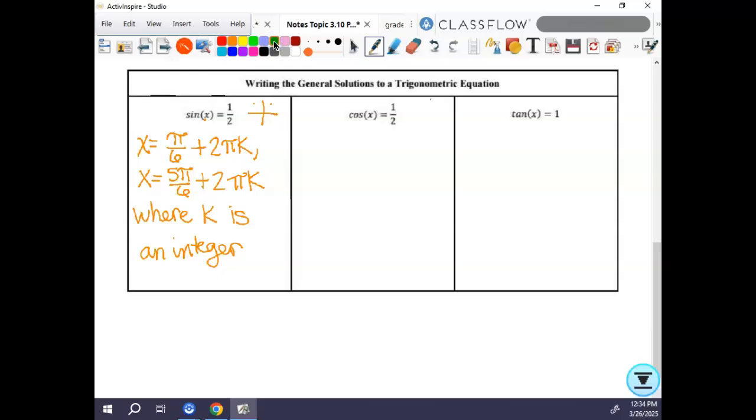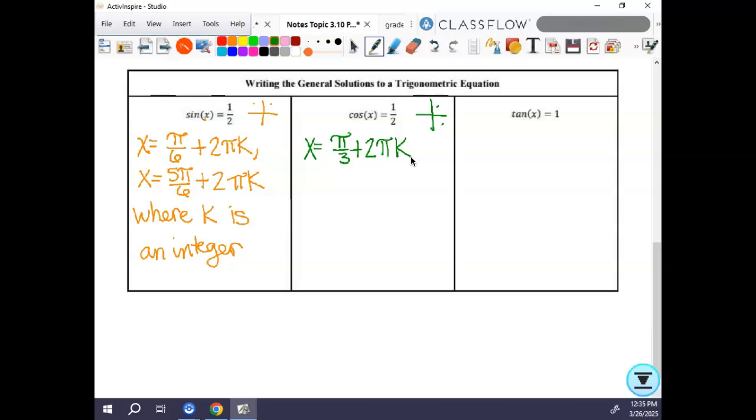All right, so then cosine. Cosine's positive in which quadrants? 1 and 4. Okay. And then I ask myself, what angle gives me a cosine value of 1/2? Pi/3. So I would put pi/3 plus 2pi k.